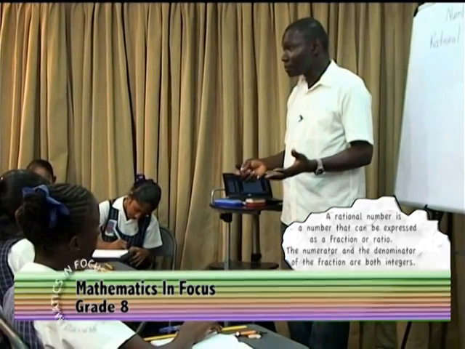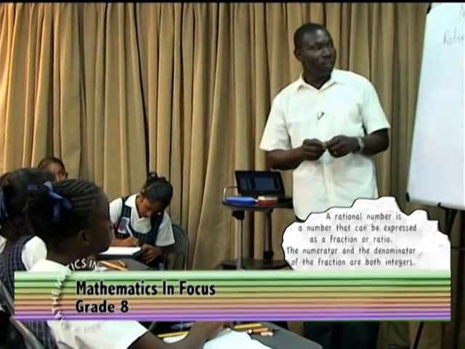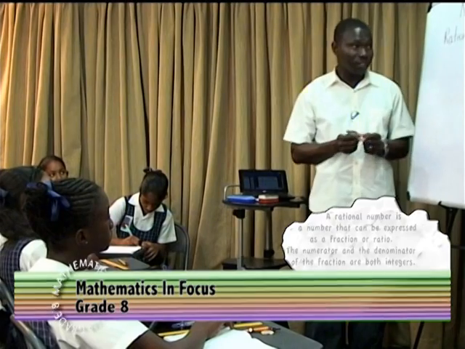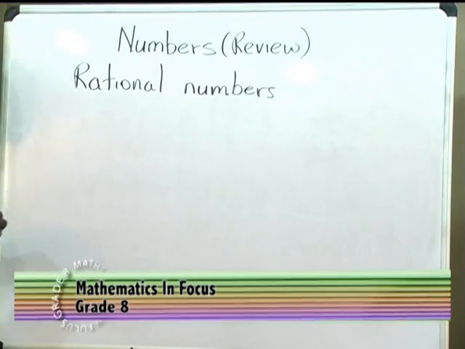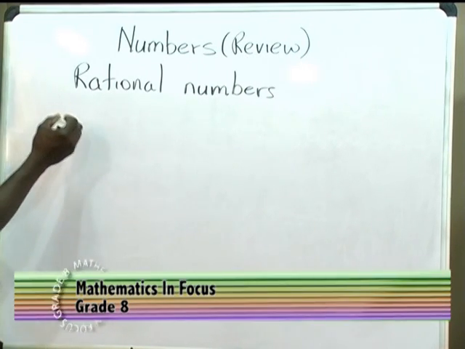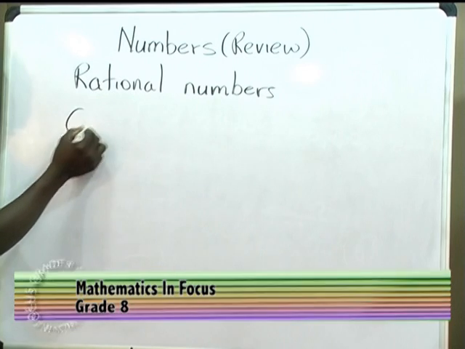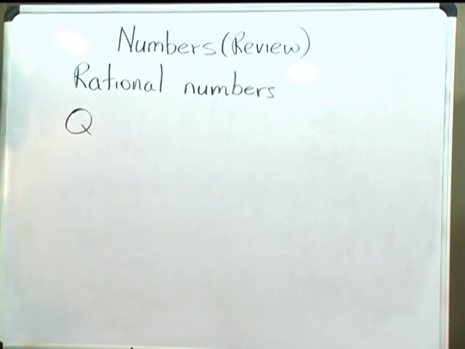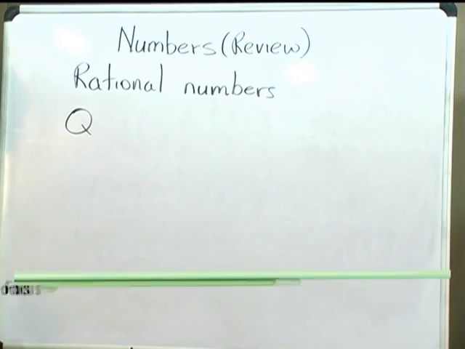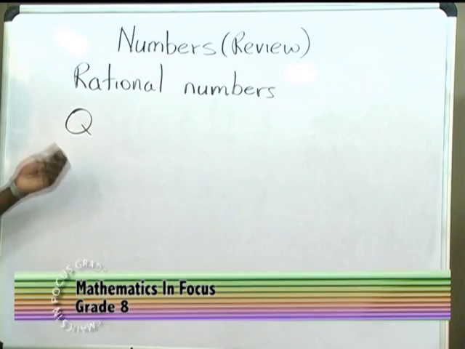Is that clear? So it is a set of integers and fractions. And there's a special symbol we use for denoting rational numbers. A letter. Yes, correct, Harish. Capital Q. So rational number is denoted with the capital Q.